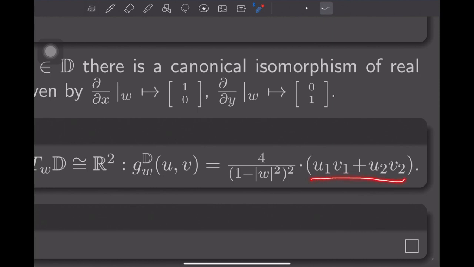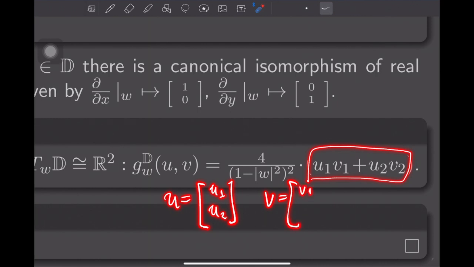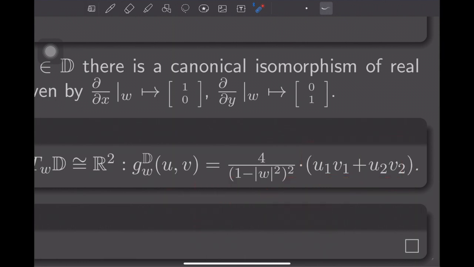Let's say u is equal to (u1, u2) and v is equal to (v1, v2), and here you have the usual dot product, but that dot product is rescaled according to w.